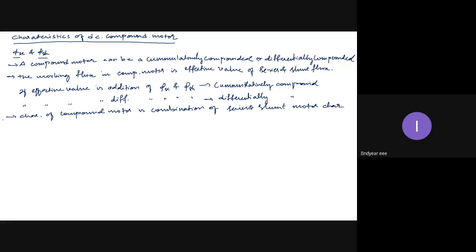Okay. So first I will look into torque armature current characteristics. I will take the short forms.